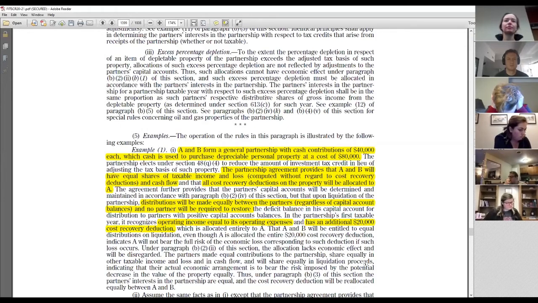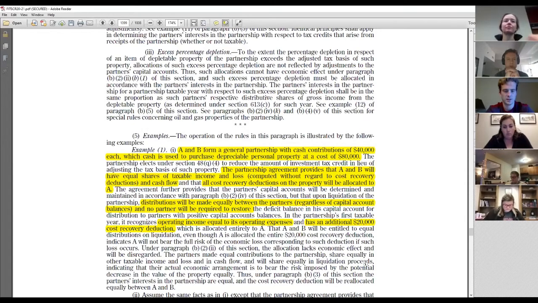And they said, we're going to maintain capital accounts. We're also going to allocate all depreciation to A, but all distributions, whether liquidating or not, are going to go 50-50. And what we concluded there was that the allocation in the agreement lacked economic effect under the general test because it didn't have prong 2 or 3.